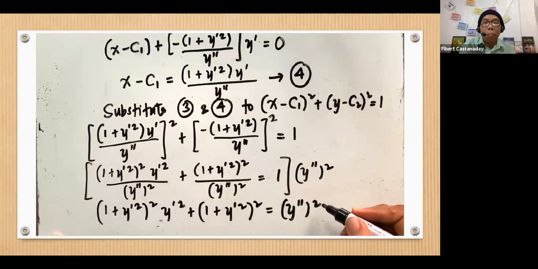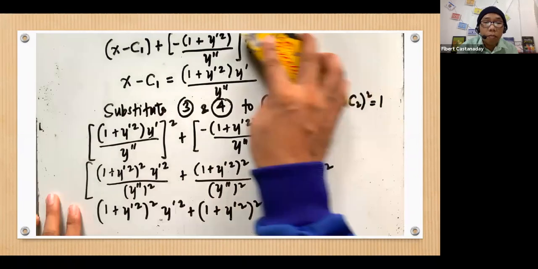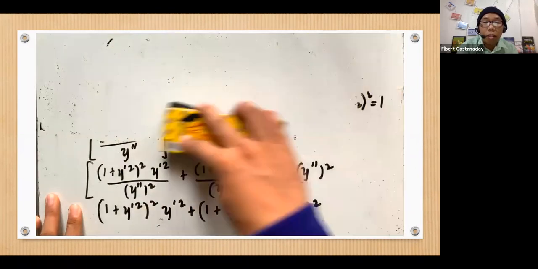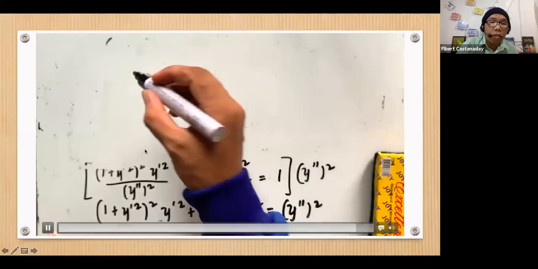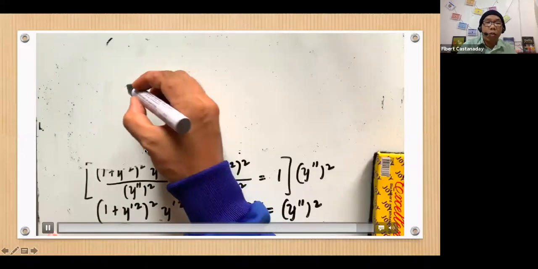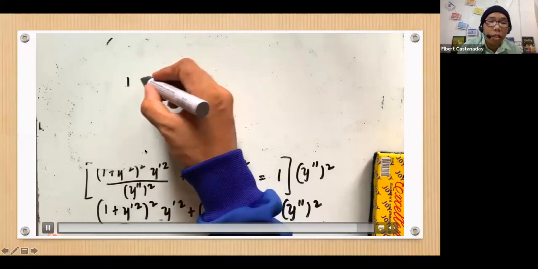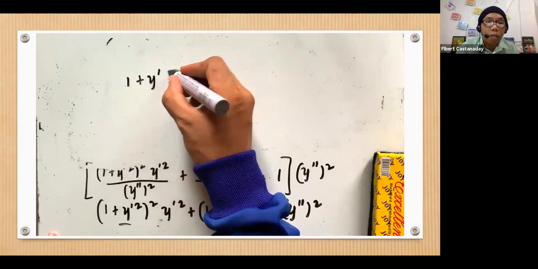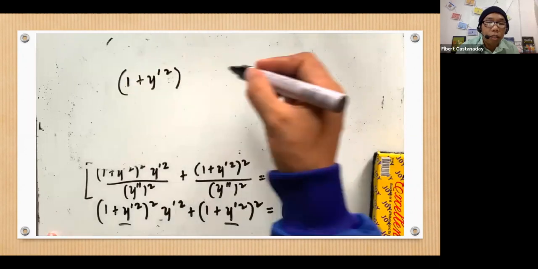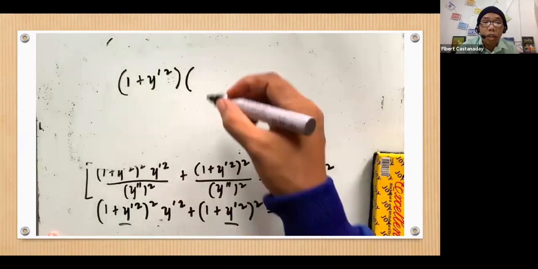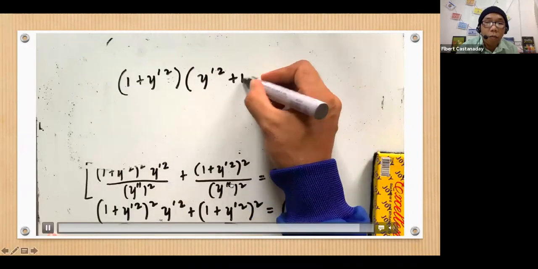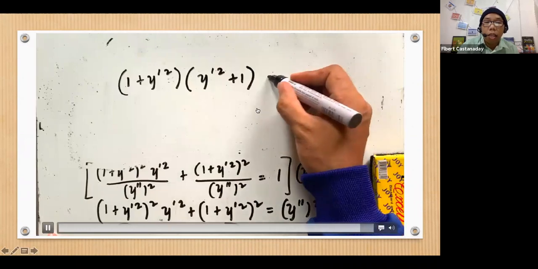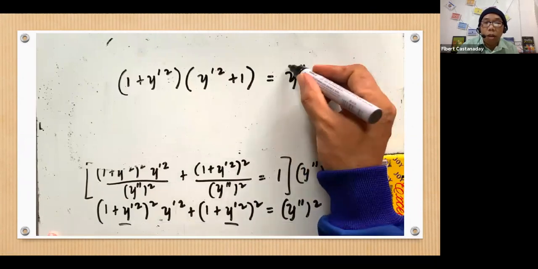What have you noticed? There is a common factor, 1 plus y prime squared. So we factor out 1 plus y prime squared raised to 2 from each term. The remaining part of the first term is y prime squared, and plus 1 from the second term. We have equals y double prime raised to 2.